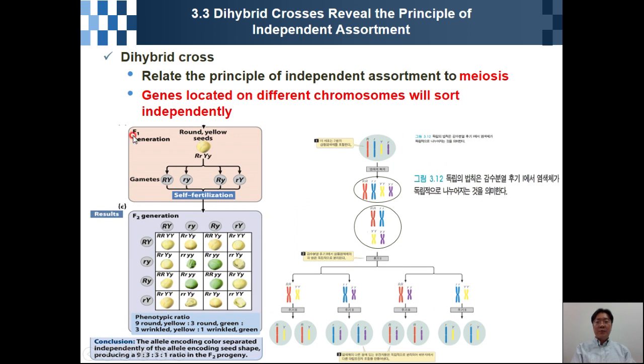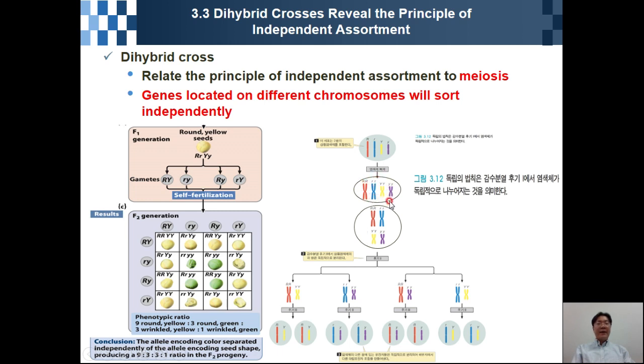Okay, so the F1 generation will be large R, small r, large Y, and small y. Because the genes encoding shape and the genes encoding color are located on different chromosomes, chromosome 1 and chromosome 2, during meiosis 1 interphase the DNA will be replicated like this.